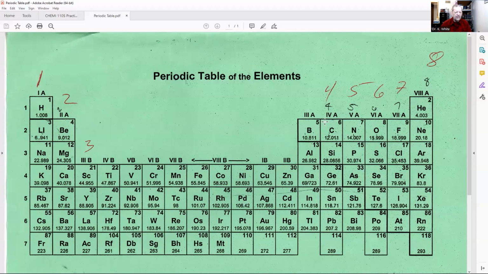Now, listen closely. This is important. All alkali metals and alkaline earth metals, lithium, sodium, potassium, magnesium, and calcium, never, ever form covalent bonds. They always are in ionic bonds, meaning they give up electrons.